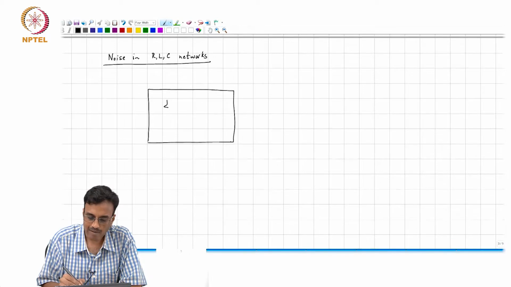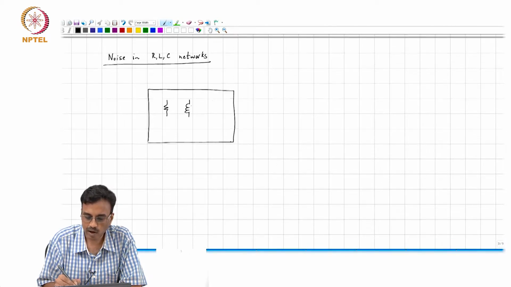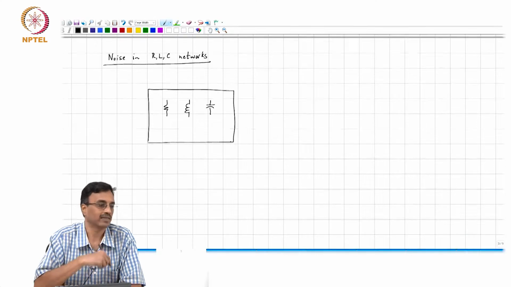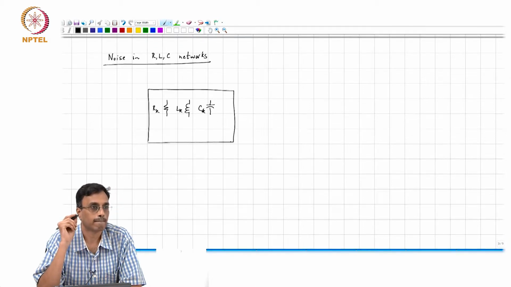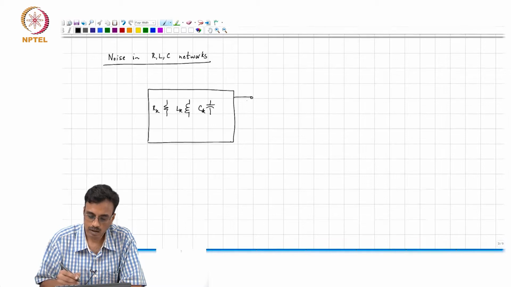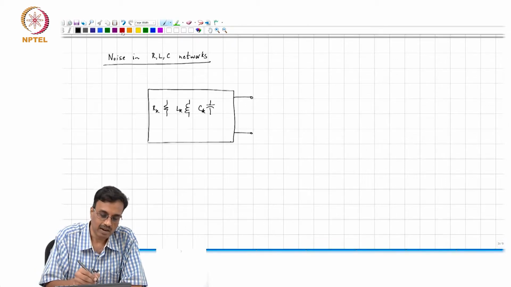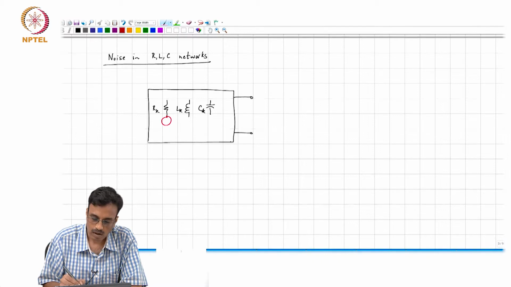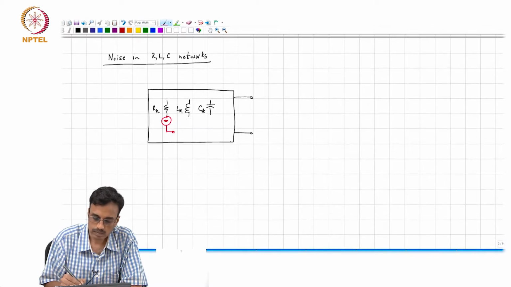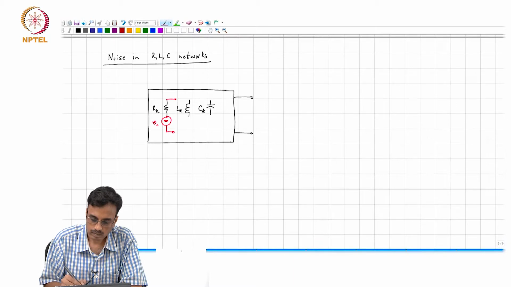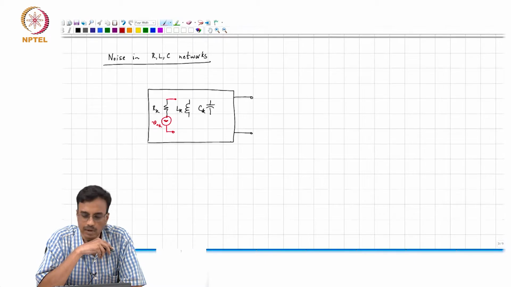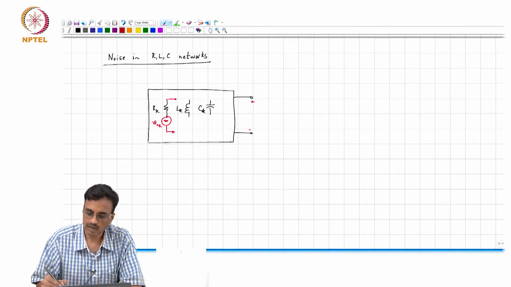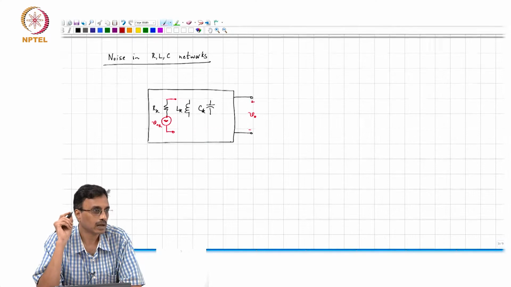So, if you have an RLC network, what it basically means is that you have a network with any number of R's, L's and C's. Every resistor is associated with a noise source, which we denote by Vn sub k, and this is the output, correct.